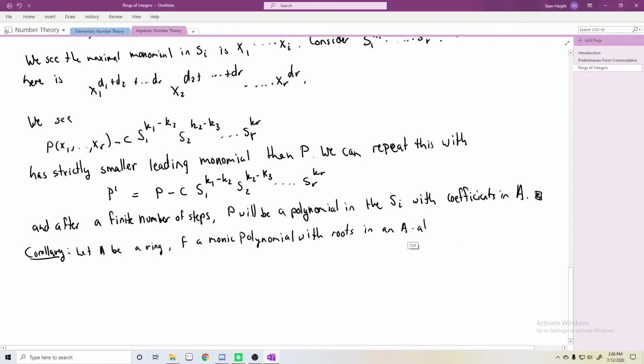Instead of calling B an A algebra, these two things are really the same. With roots in a ring B, with A as a subring, then every symmetric polynomial in the roots of F lies in A.